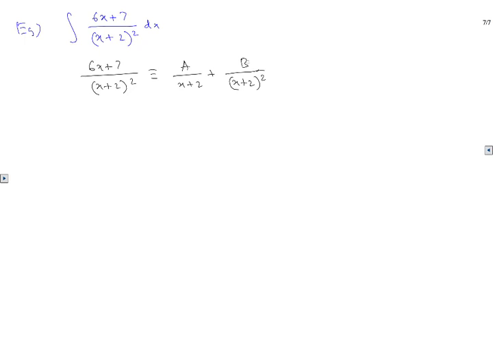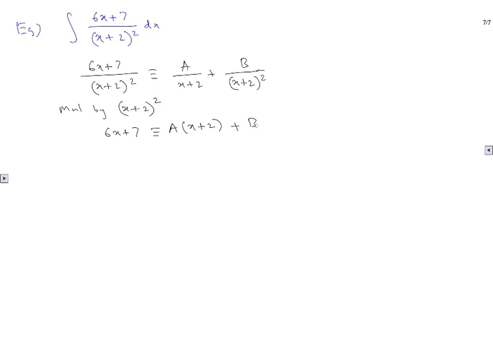We don't want to write bx plus c in this case. You can, but it's just a waste of time. Then we multiply both sides by x plus 2 squared, and if you do that you end up getting 6x plus 7 equal a times x plus 2 plus b.